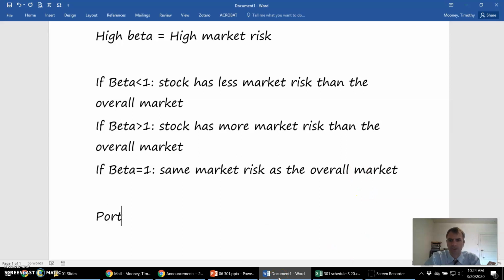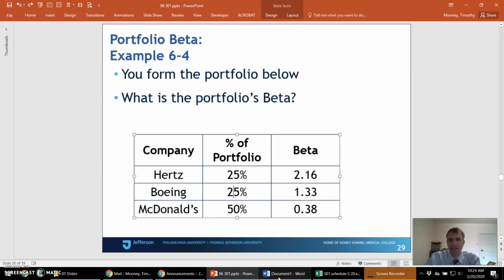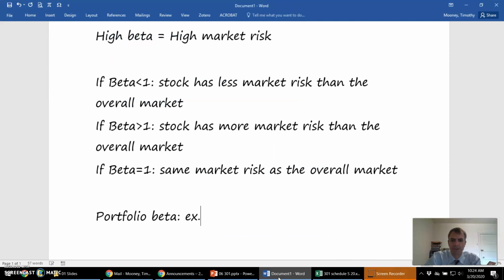Portfolio beta, and that's example 6.4, right?